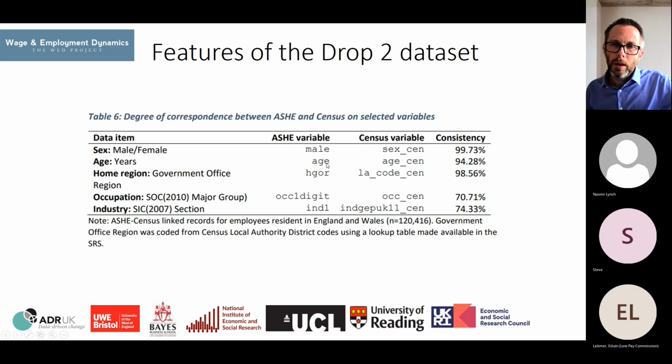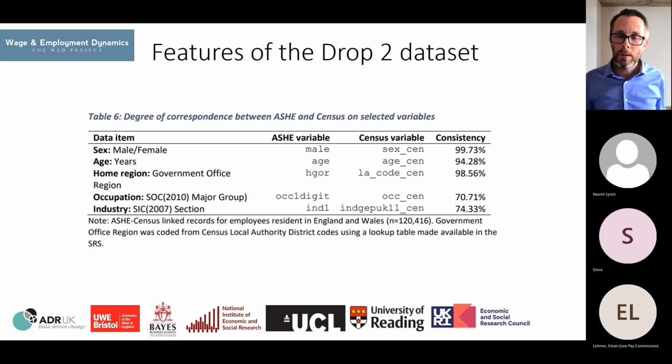There is a question which often arises: well, okay, you've got these common fields in the two data sets, but how well do they line up? Well, in the ASHE linked sample, we measure gender in ASHE and the census, and you can see the consistency is very high. Similarly for age, similarly for region. You would expect that because these are variables that have been used in the linkage process. Occupation and industry are less consistent across the two data sets.